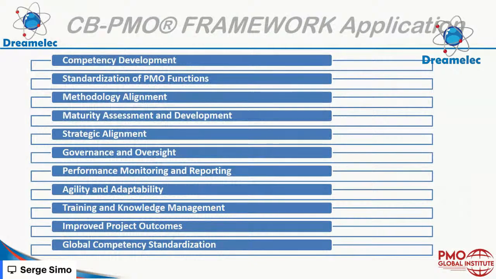Maturity assessment and development. You remember I mentioned the PMO maturity. I even mentioned the project management maturity. You may have the maturity in different areas, right? Strategic alignment. Aligning the initiatives that you work on shouldn't be something that is emotional.